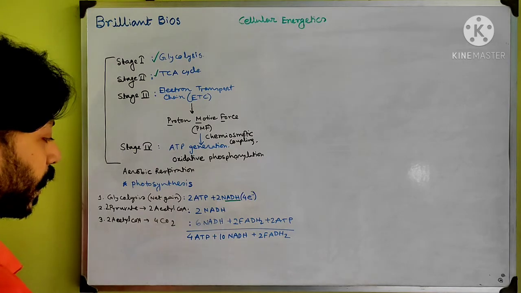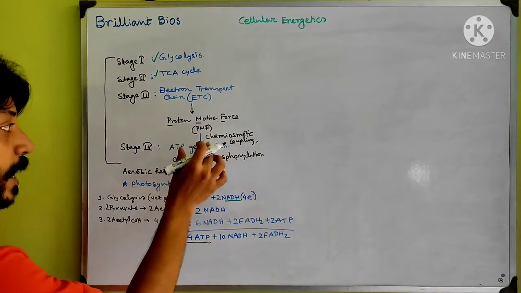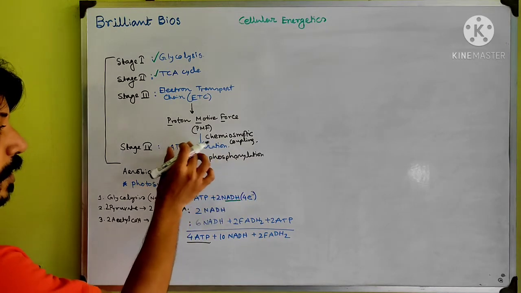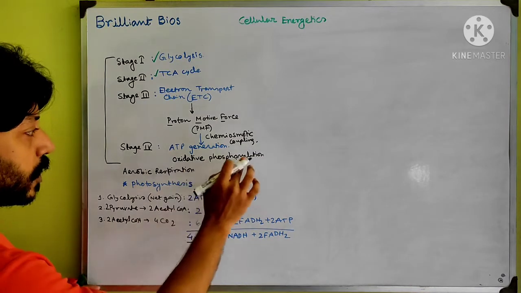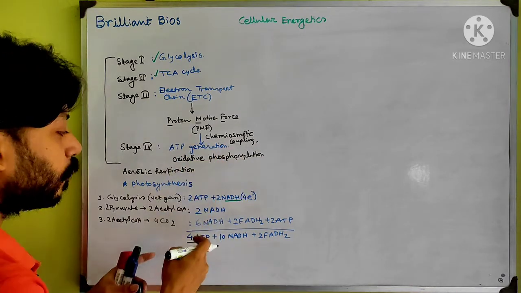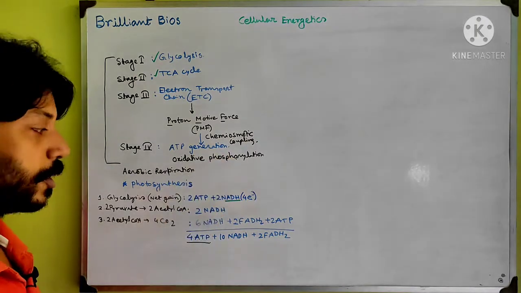Now these 4 ATP molecules that we have got are actually different from the ATP molecules we will get from oxidative phosphorylation. This type of ATP generation is called substrate level phosphorylation, and this is called oxidative phosphorylation.